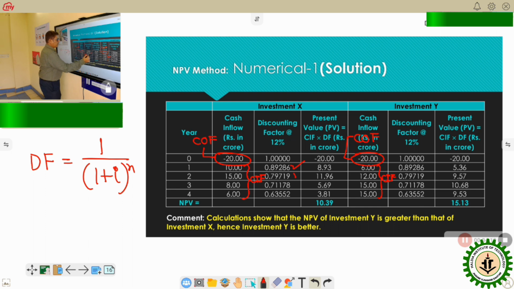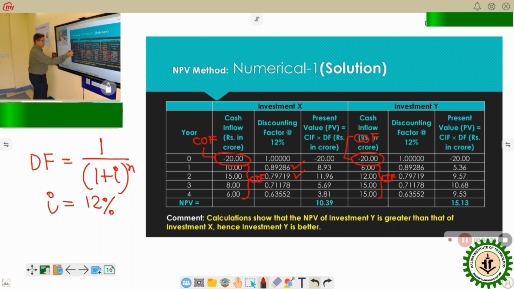Similarly, the discounting factor at the second year is 0.79719. Actually here, let me tell you that the value of i is 12% and the value of n we have to change accordingly.